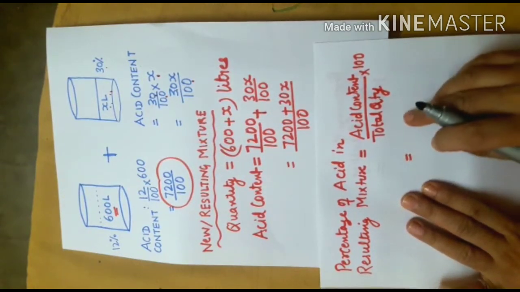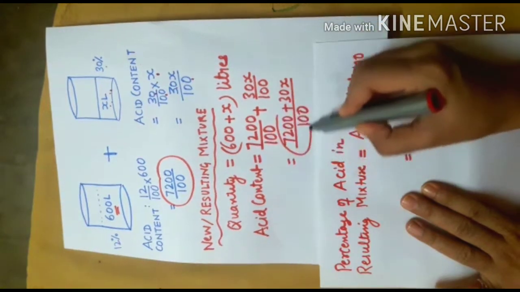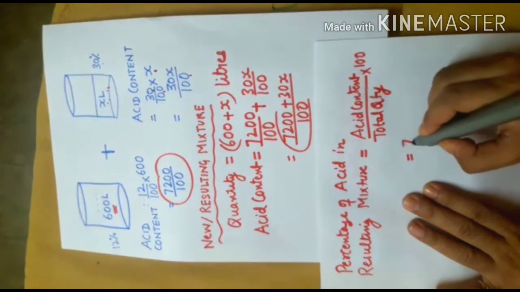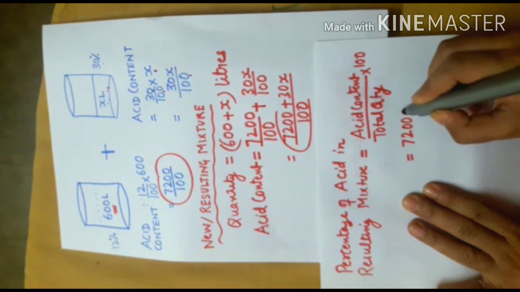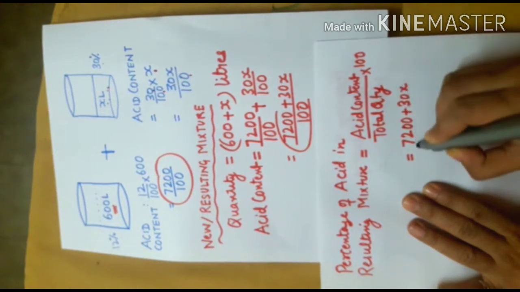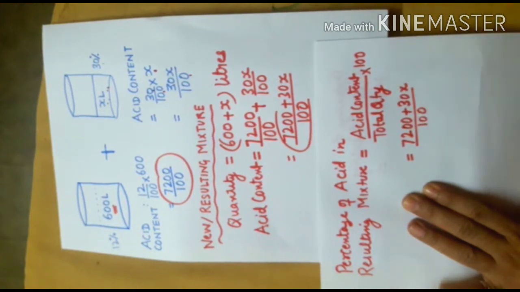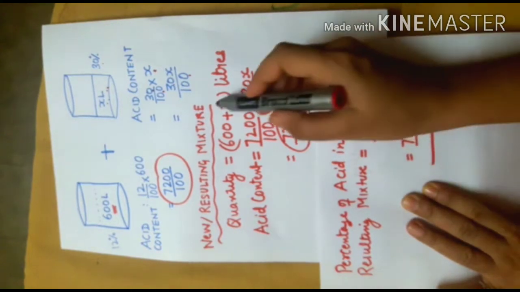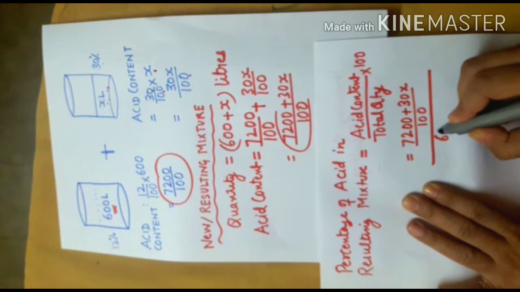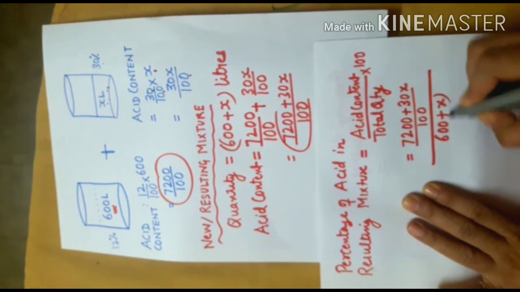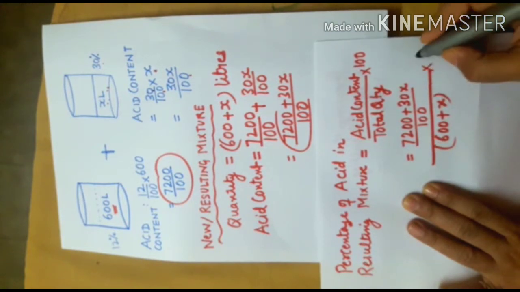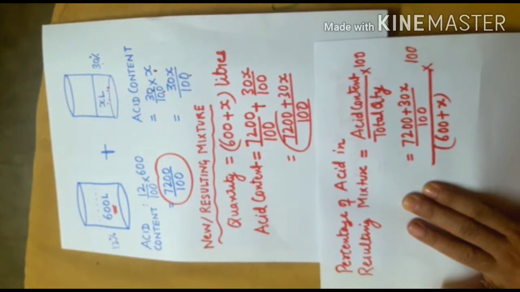So 7200 plus 30x over 100 divided by total quantity, total quantity is 600 plus x, into 100.